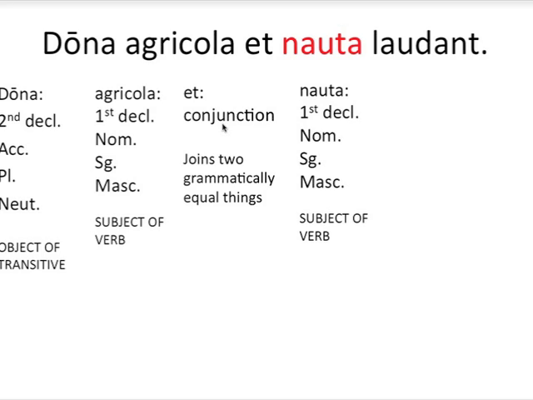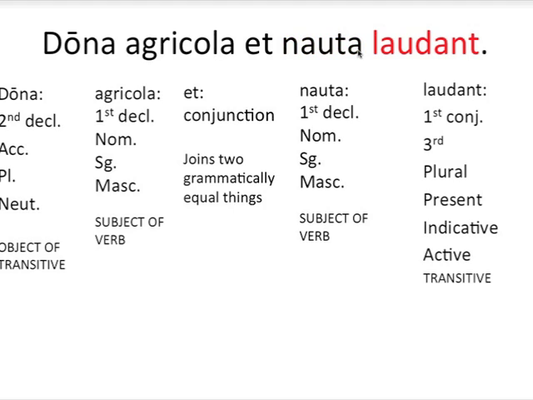So we're expecting now a plural transitive verb because we've had dona, our accusative, which will be the object of a transitive verb, and we have our compound subject, agricola et nauta. The next word we want is a transitive verb, and that's what it is, laudant, a first conjugation, third person plural, present indicative, active, transitive verb.